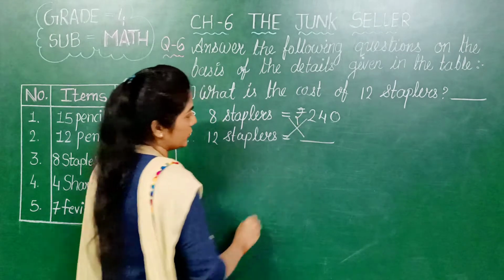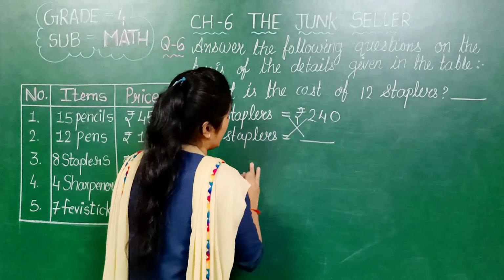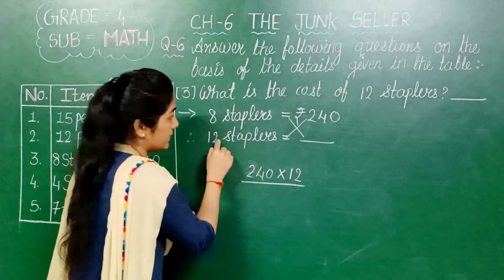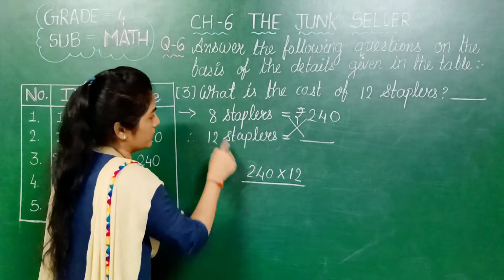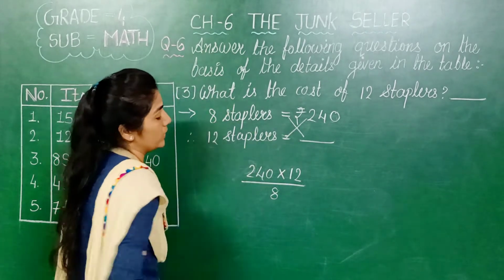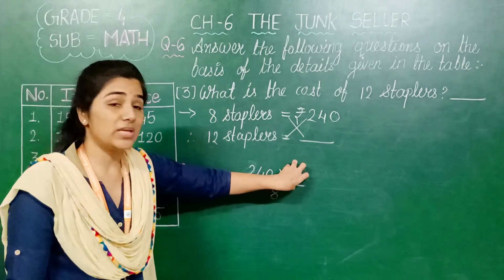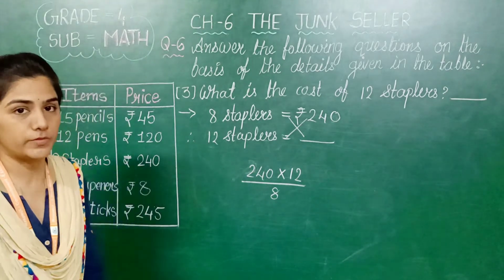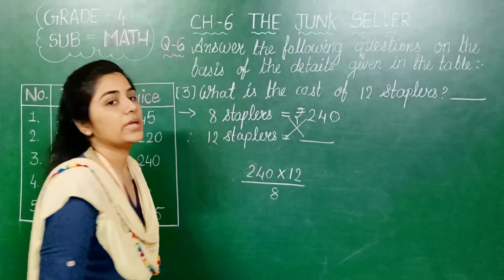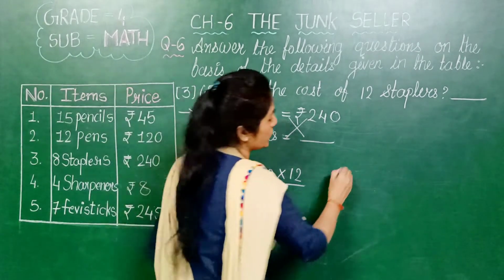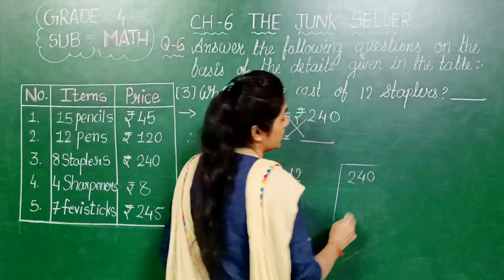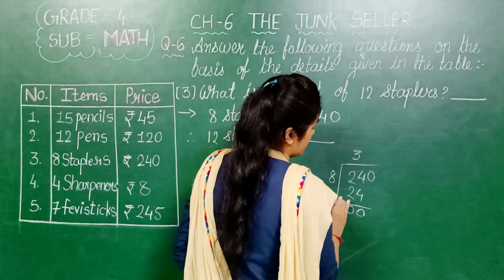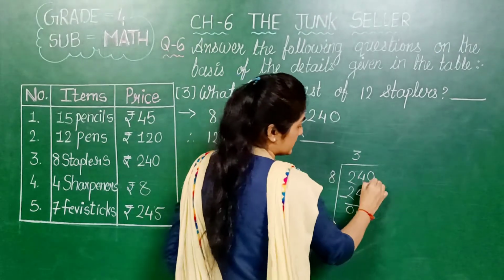So cross multiplication we will do. 240 we will multiply with this 12 and divide by this 8, so 8 will come down like this. Now see, 12 is not easily divisible by 8. It is divisible, but we have to find the easiest method. So this 240 we are dividing by this 8. See, 8 3s are 24. 24 minus 24 is 0, and 0 comes down.